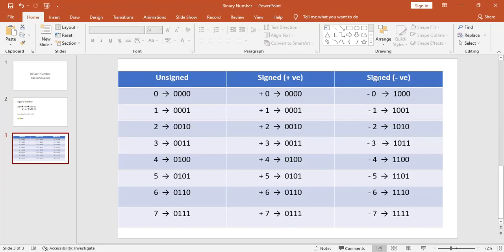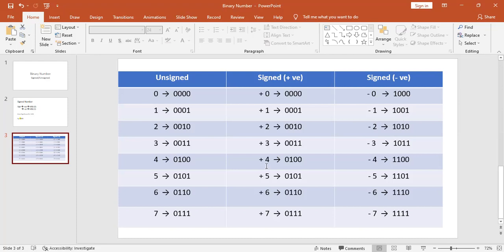Now, coming on to the third column, which is the signed negative type. In here, the first bit, which is the MSB, is all ones. So it's 1000, it's 1001, and so on.